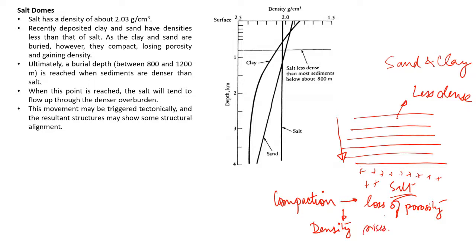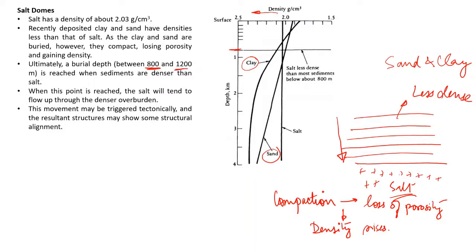So you can see this plot. It's a beautiful diagram which shows that the salt, which is this vertical line, is 2.03. This is how the density increases. Remember, it's reverse direction. Here, this is how density increases. So the clay and the sand have much lower density at a depth of almost 800 to 1200 meters.